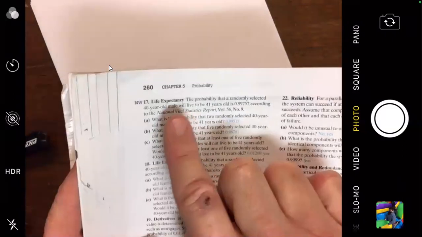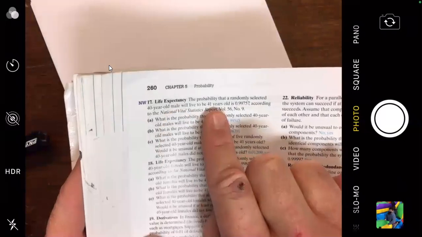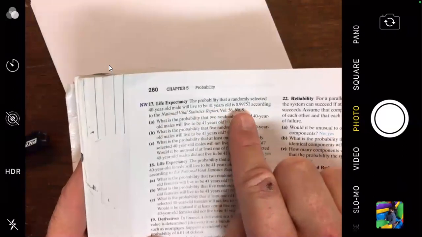Let's see, go to the next page and we hit 17. This is about life expectancy. For a randomly selected 40-year-old male, the probability they'll live to be 41 is 0.99757, according to a reputable statistics report.